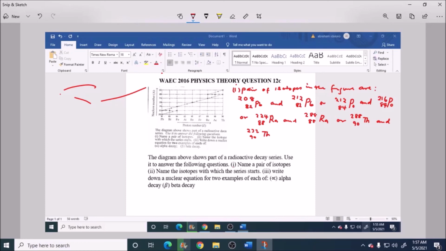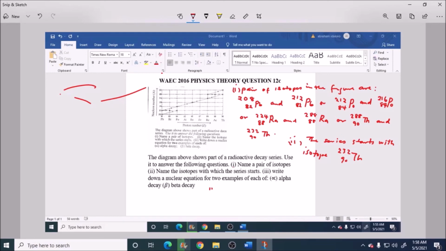The series starts with isotope 232, 90 uranium. All right, and then the third part of the question says to give 2 examples of each of alpha decay and beta decay.